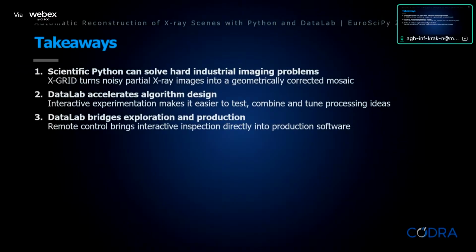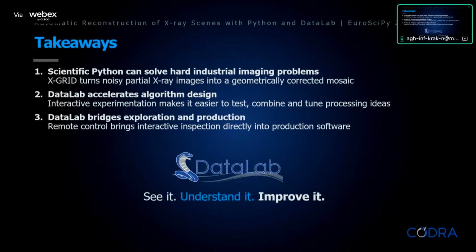And 3rd, it creates a bridge between interactive exploration and the production application by using the remote control capabilities of Data Lab. So with Data Lab, you may see your algorithm, understand, and improve it. And it's not my marketing department who wrote this, but it could have been.